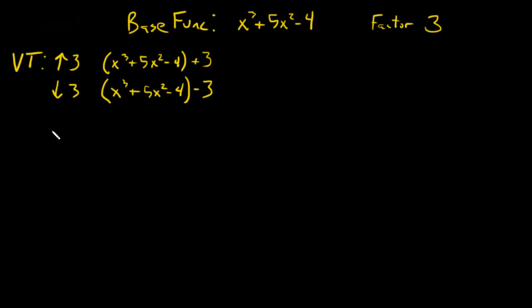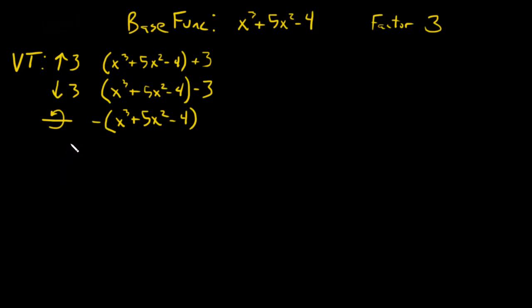Okay, if I want to flip it vertically across the x-axis, what do I do? I take the entire function, put it in parentheses, and put a negative sign in front of it.